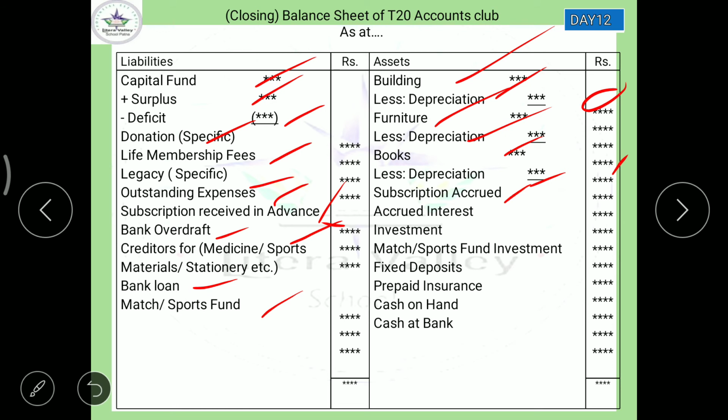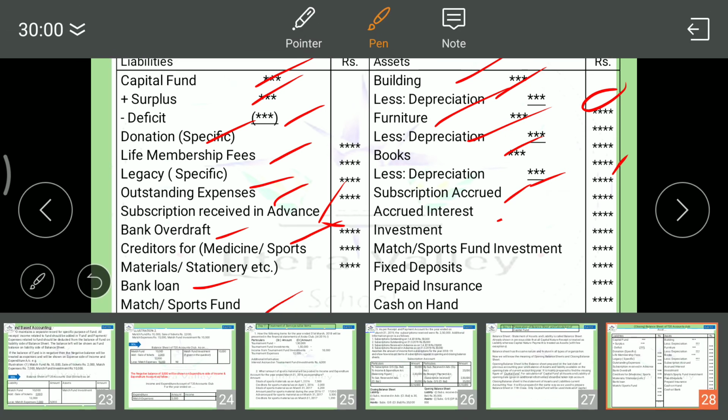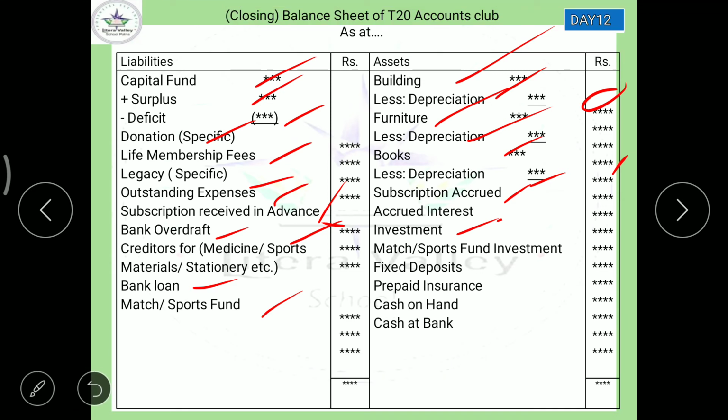Subscriptions accrued means subscription outstanding, accrued interest, investment. You can see match sports fund investment, fixed deposit, prepaid insurance, cash on hand, and cash at bank. So in this way, you can prepare your balance sheet with the given additional information.